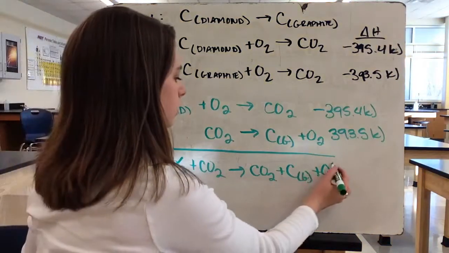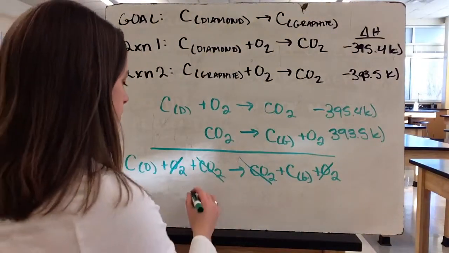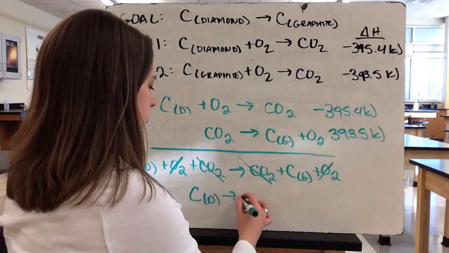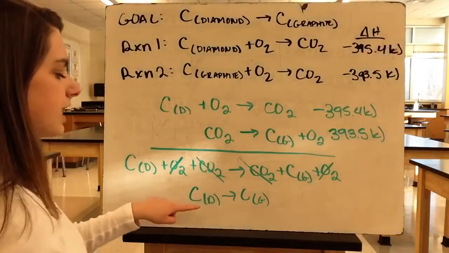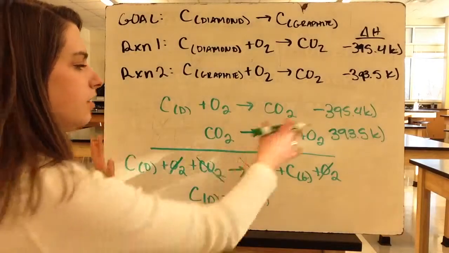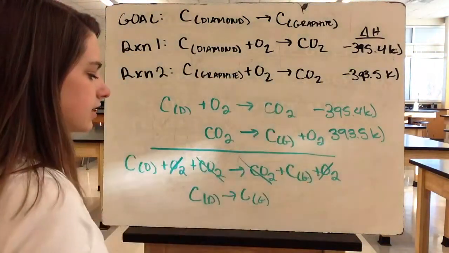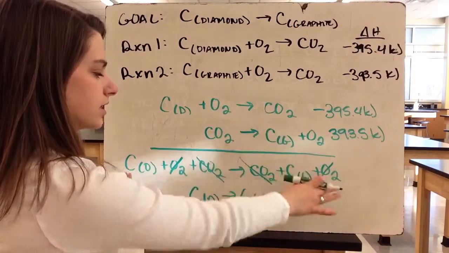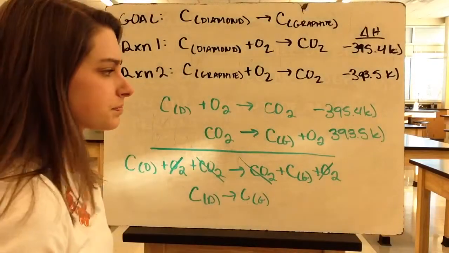So I have oxygen on both sides and I have carbon dioxide on both sides. So I've reduced this down to carbon in the form of diamond to carbon in the form of graphite. So see how I went through this process? I rearranged my reactions. I flipped this one, added everything together, simplified, made sure I canceled out things on both sides of the arrow that were the same, and I ended up with what my goal reaction was.